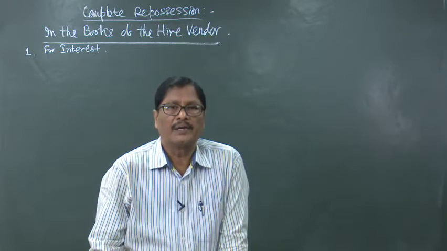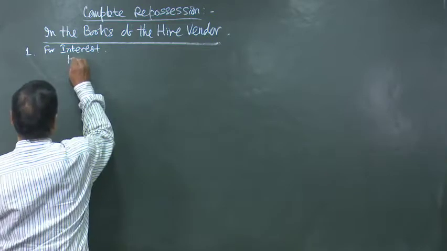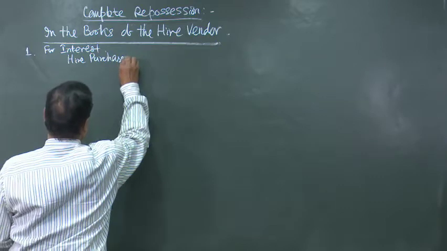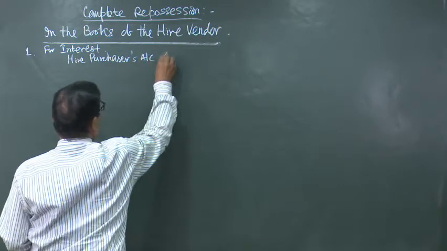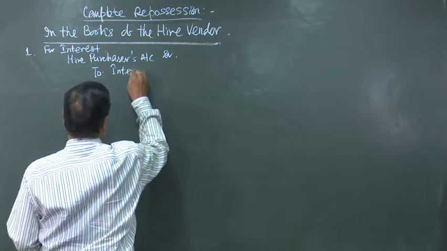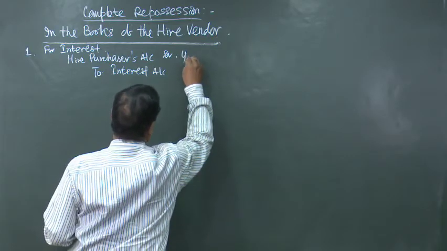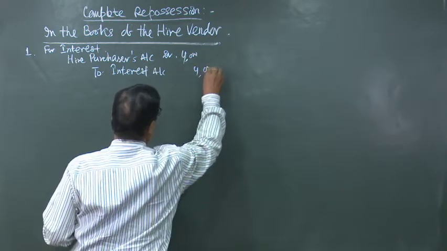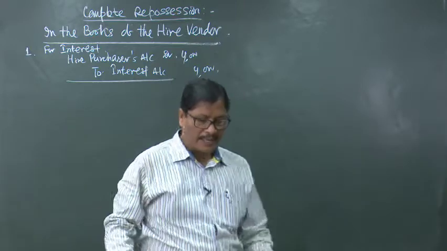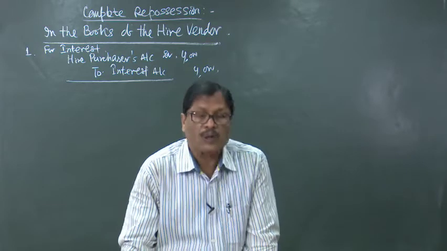So, interest account will be credited, and who will be debited? The hire purchaser account will be debited. So, the entry will be hire purchaser account debited to interest account, in this case 4,000. The second entry: now hire purchaser account will be closed.